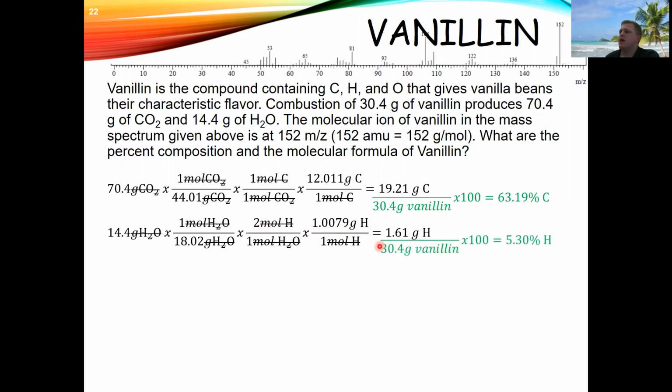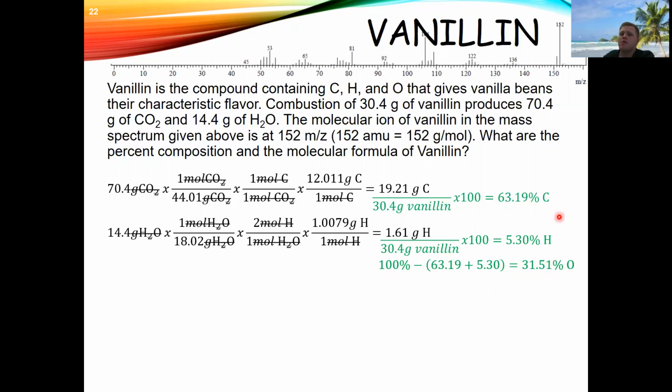We'll divide that by the total grams of vanillin, multiply by 100% to find that we got 5.30% hydrogen in this compound. Now we know how much carbon and hydrogen, and the question says that it just has carbon, hydrogen, and oxygen. So we'll figure out how much oxygen is present by taking 100% and subtracting this 63.19% of carbon plus the 5.30% hydrogen. Just got to slow down while I'm talking. And that'll give us 31.51% oxygen.